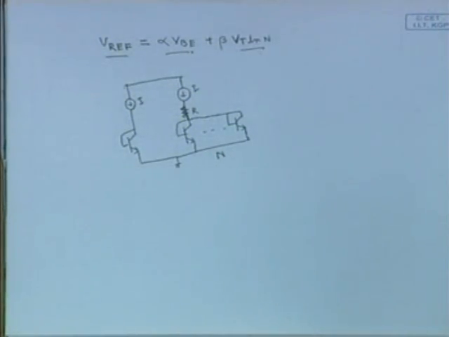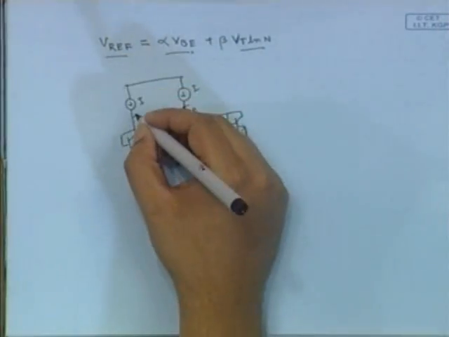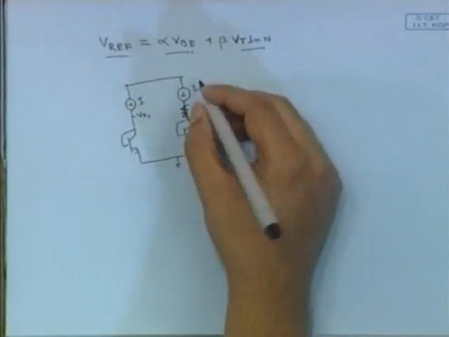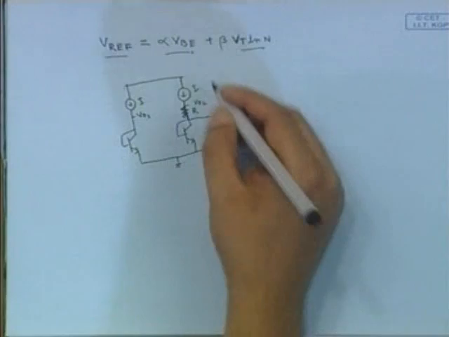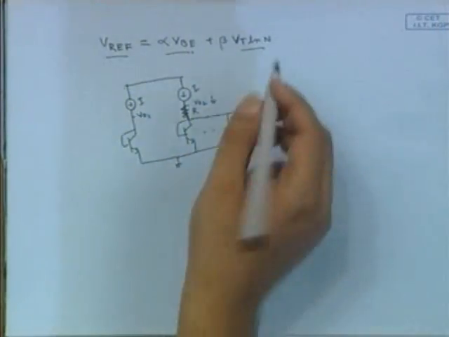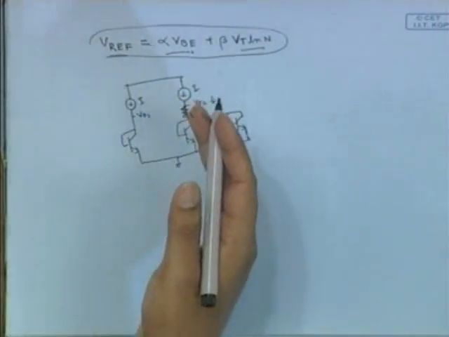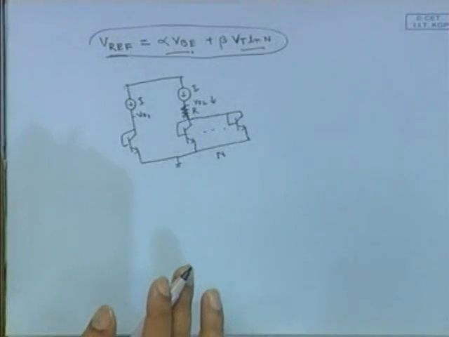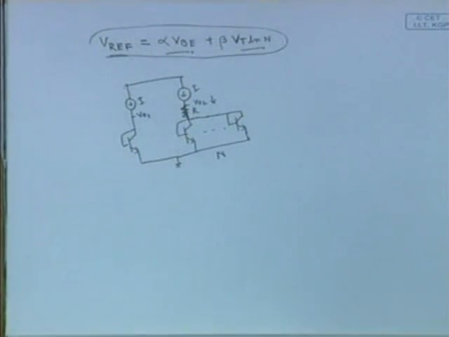If we can force the voltage at this node, say V01, and the voltage at this node, V02, then we can tell that the reference voltage we are getting here should fulfill the requirement of a temperature independent voltage. So these two node voltages somehow we have to make fixed at a particular level. That's why an op amp is introduced here.